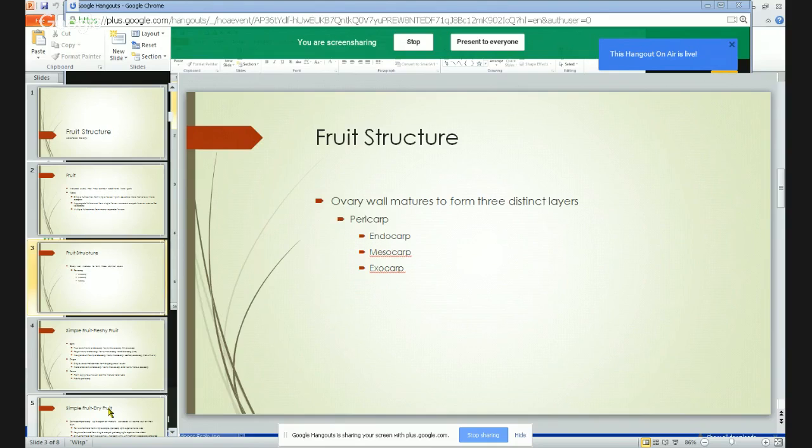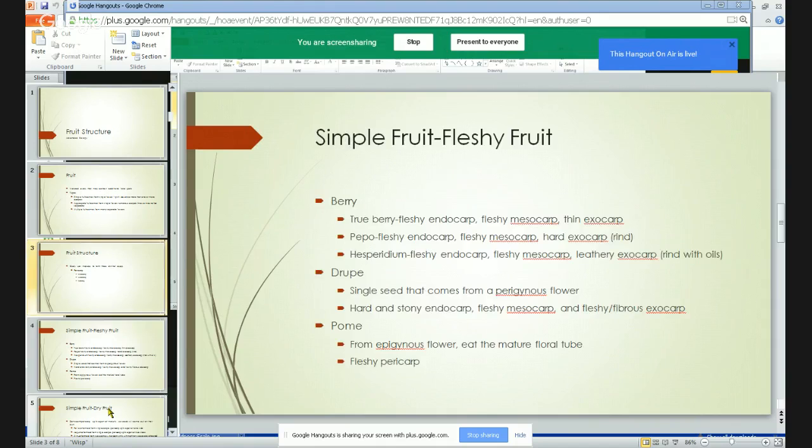Okay. So first that we're going to look at are the simple fleshy fruits. These are what you typically think of as fruits. This is a very large group of fruits. So the first type of simple fleshy fruit is a berry. And then you've got a couple of specific categories within the berry family.